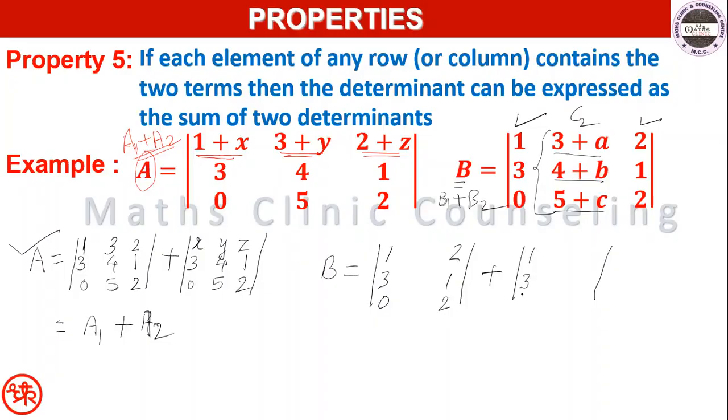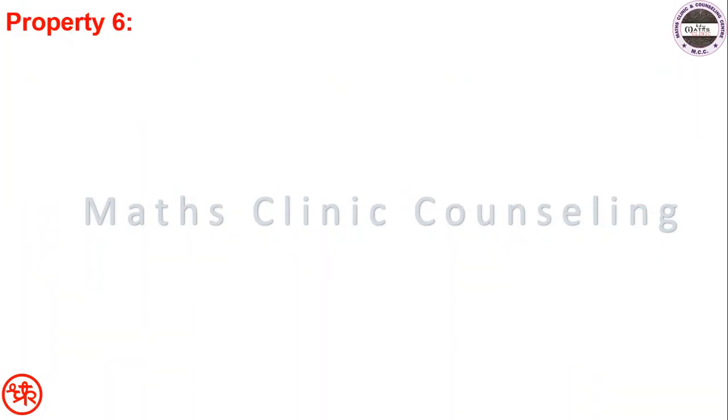But in the second column, every element has two terms. The first terms are 3 4 5 and the second terms are a b c. And so B is the sum of B1 plus B2. Do you understand?